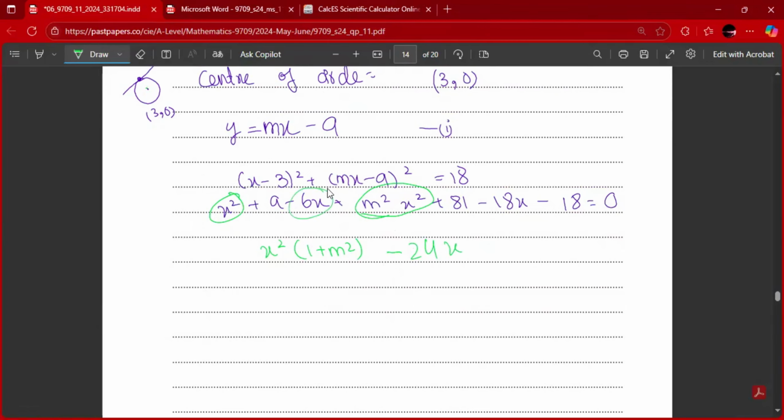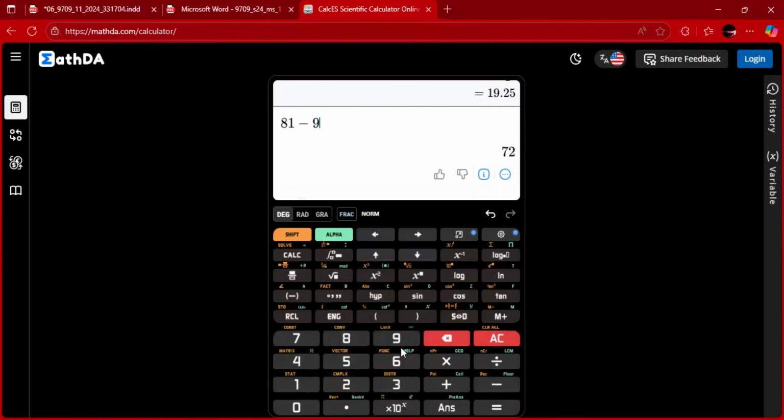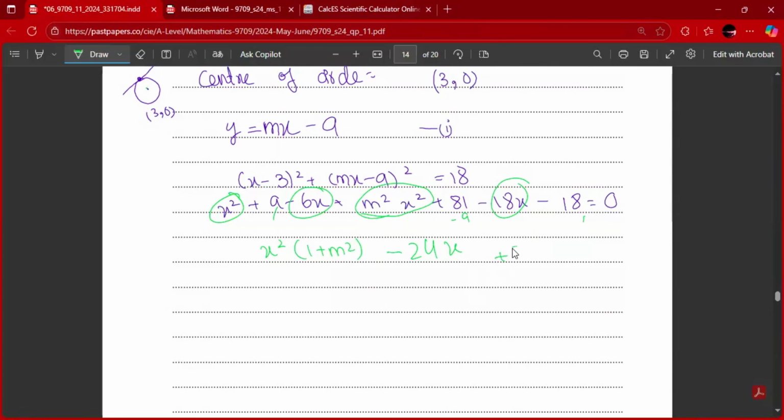So this thing is also done. Now we have 9, 81, and minus 18. If I solve this, it's left with 81 plus 9 minus 18. It's probably 79. Let me just confirm. It's 72. I was close. Plus 72.